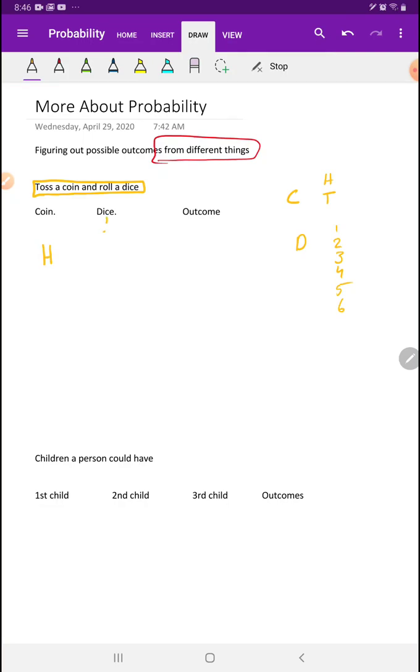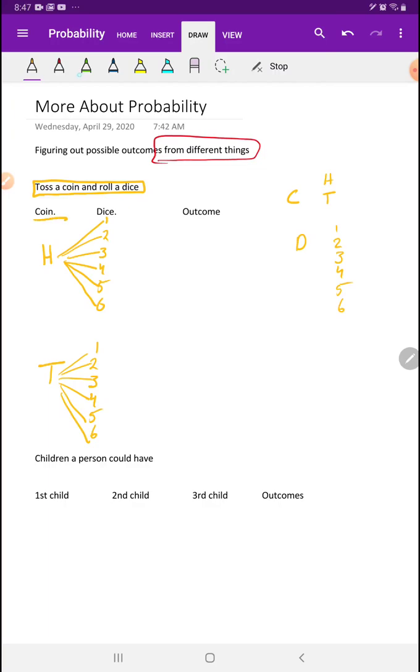And then I could get a 1, 2, 3, 4, 5, or 6. Those are all possibilities when I roll my dice. See that? Then when I toss my coin, I could get a tails. That's another possibility. And I roll my dice, I still get the possibilities of 1, 2, 3, 4, 5, 6. So there you go. That's what this is supposed to look like.